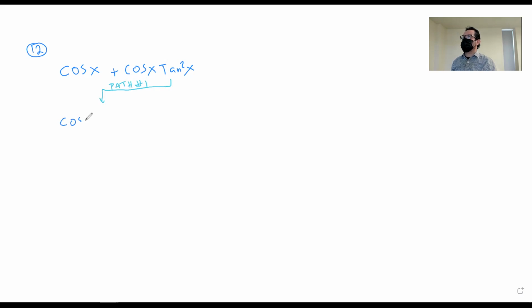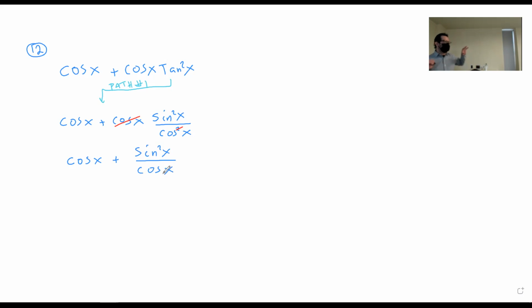So we're going to say cosine of x plus cosine of x, and then we're going to turn this into sine squared of x divided by cosine squared of x. These are going to get eliminated with this one. We're going to end up with cosine of x plus sine squared of x divided by cosine of x.